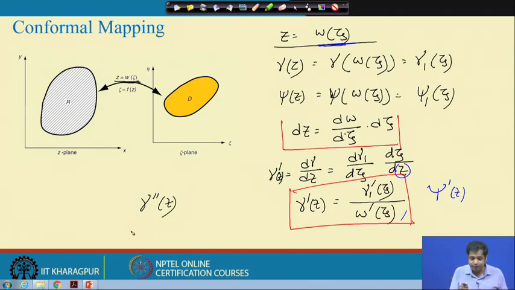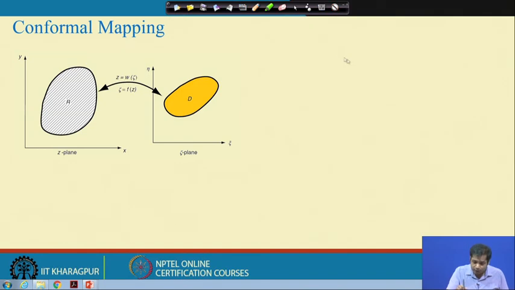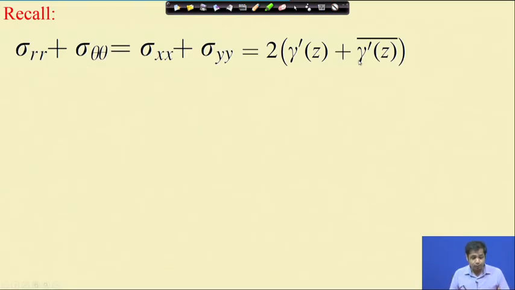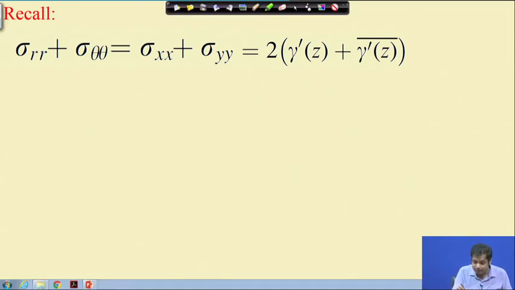Okay. Once we have this, now recall what our expressions were. We had three expressions represented in terms of the Kolosov-Muskhelishvili potentials. One is the combination of stresses, the first combination, which is the trace. This is written in terms of gamma 1 and gamma dash is equal to this.